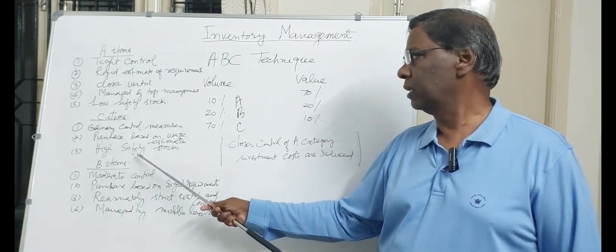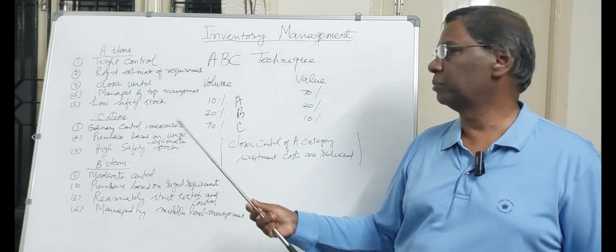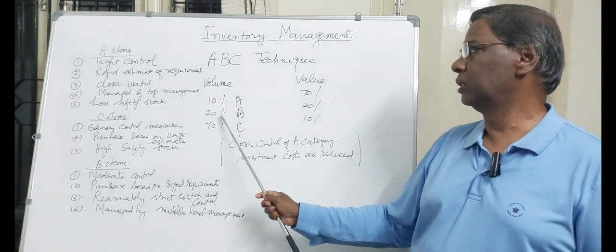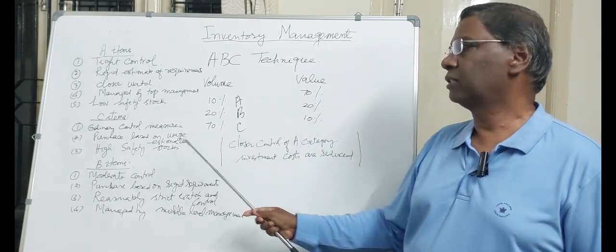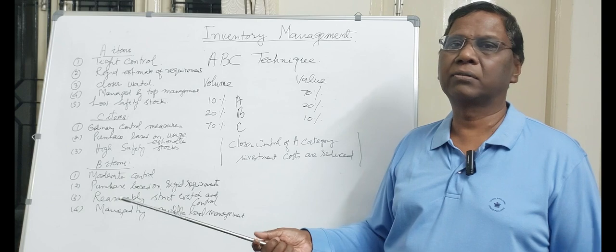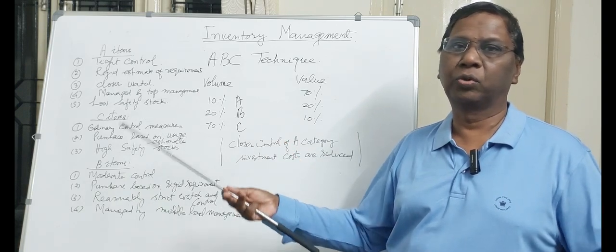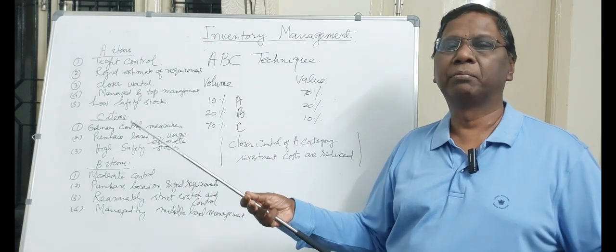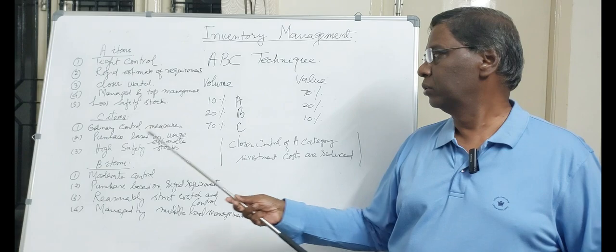Then you can have high safety stocks. High safety stock means you can keep any number of items, because the money involved is only 10%, though it is 70 items. For example, safety pins, clips, etc. You can order more and keep more safety pins and clips, because the cost is very low.